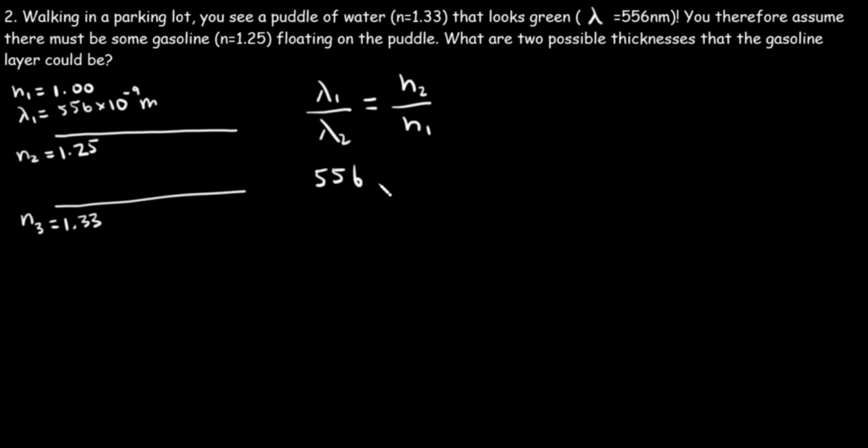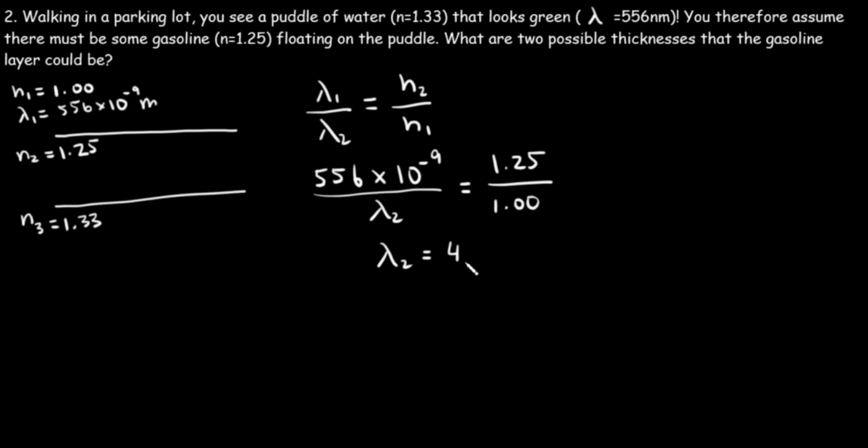So we're just going to do 556 times 10 to the negative 9 over wavelength 2 equals 1.25 over 1.00. Cross multiplication to get wavelength 2 is 556 times 10 to the negative 9 times 1 divided by 1.25, which is 4.448 times 10 to the negative 7 meters.